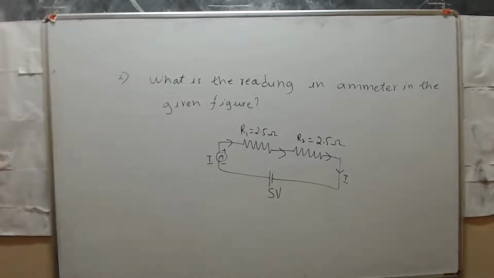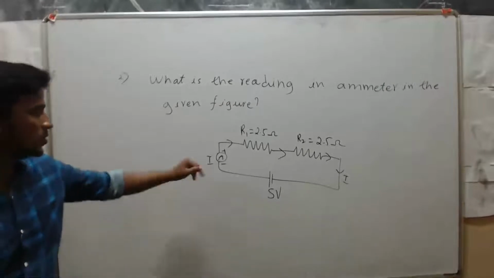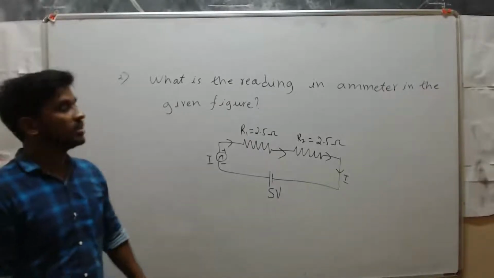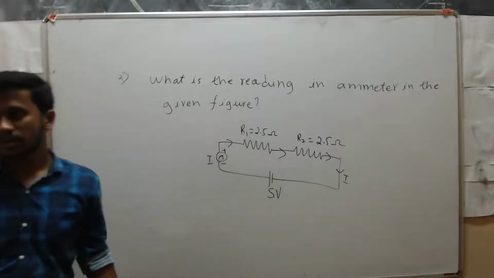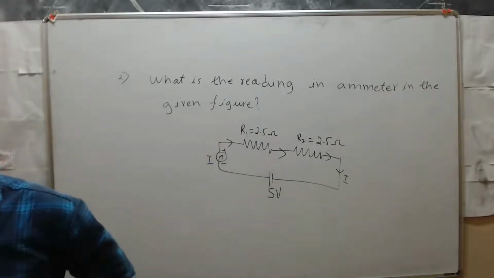Yes, it is used to measure current, electric current. Okay, so here we use ammeter to measure the current, right? So then we need the current in the circuit. Okay, yes, calculate the current quick and tell me the answer.